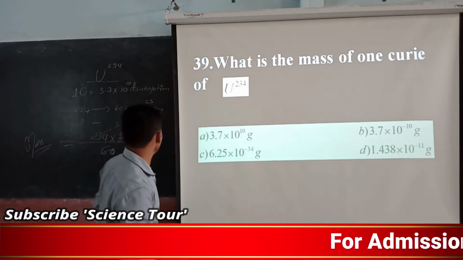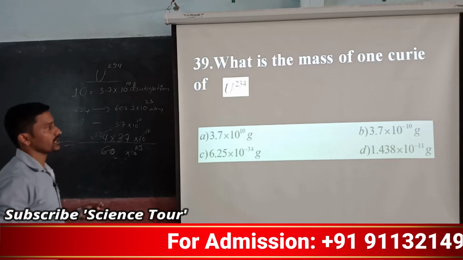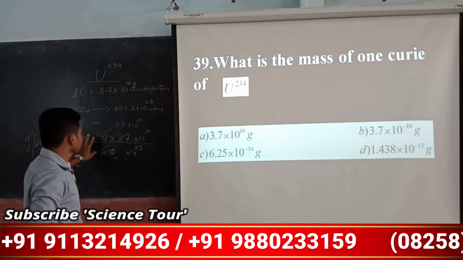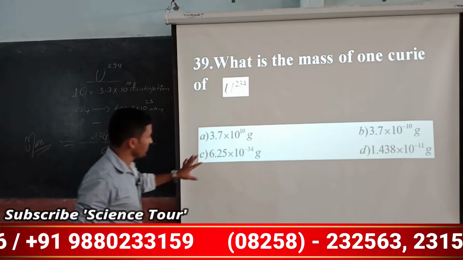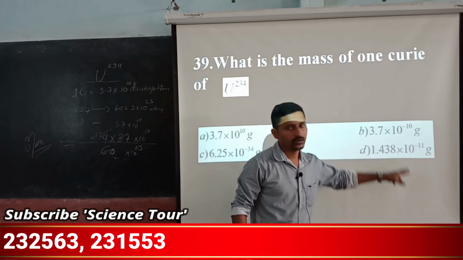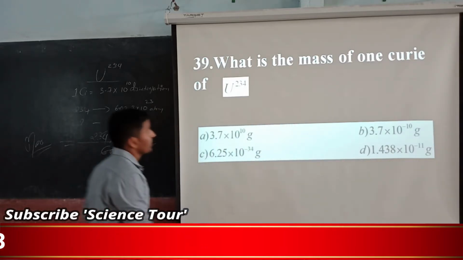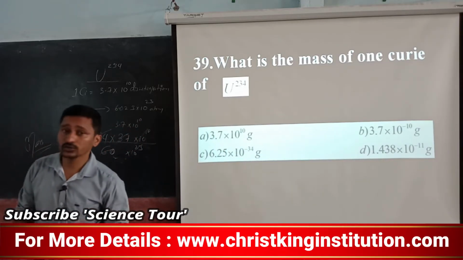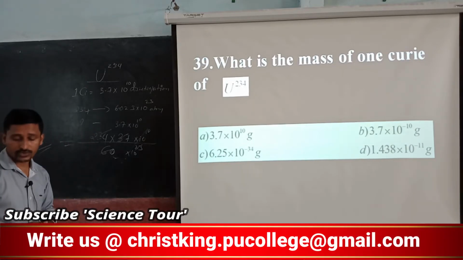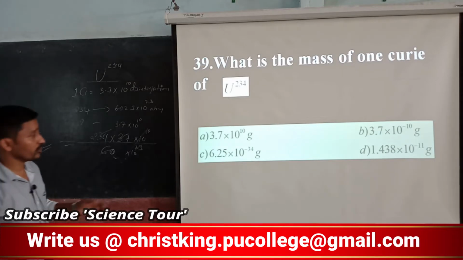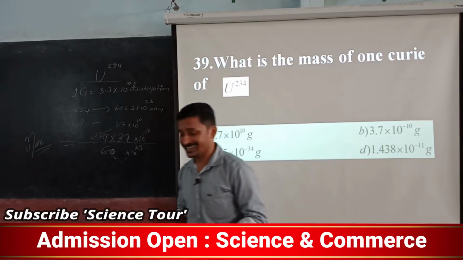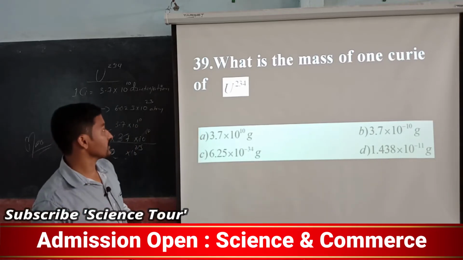So half of 250 is 125, nearly that much, because we have done approximation. So which is nearer, 140 or 130? So this one, simple. Okay, like that you can do the approximations also. Again and again you have to work out, then you are going to get that. So 1.54 into 10 to the power minus 11 you are going to get. So the right answer will be 1.438 into 10 to the power minus 11.